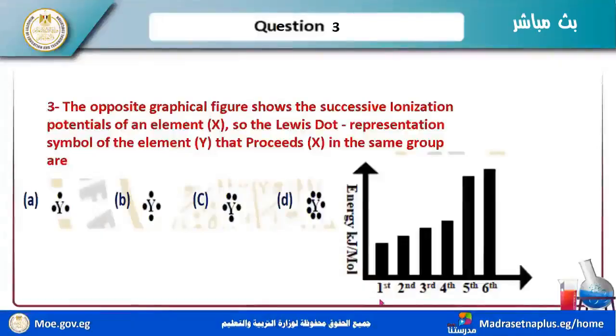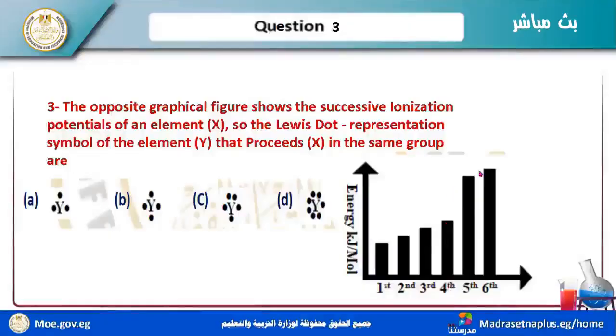Next question: in the opposite graphical figure, the successive ionization energies of an element X are shown. In this graph we have the first, second, third, fourth, and fifth ionization energies. You find a high jump between the fourth and fifth ionization energy.